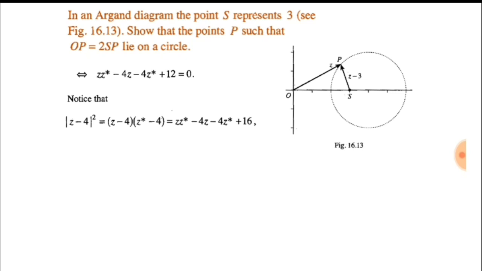Notice that modulus of z minus 4 square is equal to z z star minus 4z star plus 16. So according to the given condition, OP equal to 2SP implies z z star minus 4z star plus 16 equal to 4. That is, we added 4 on both sides.